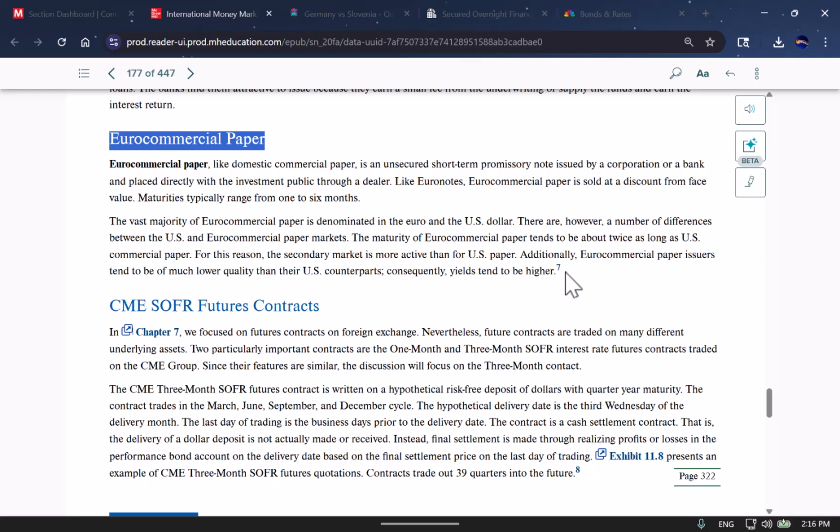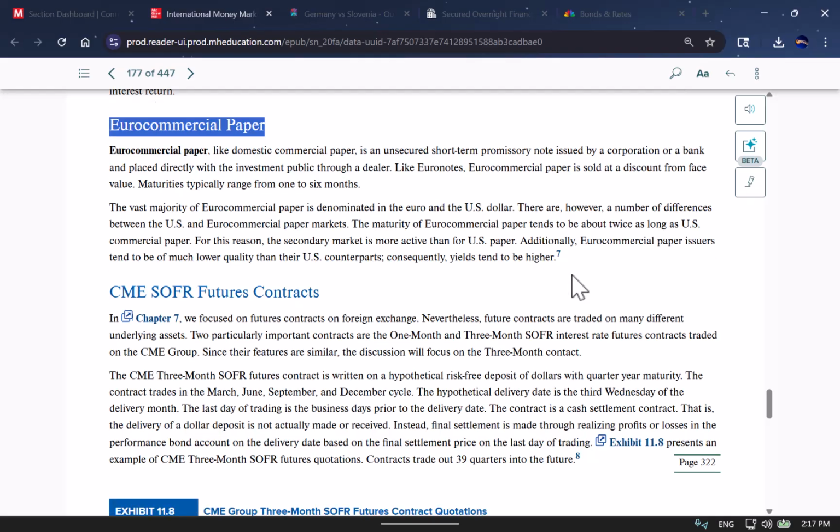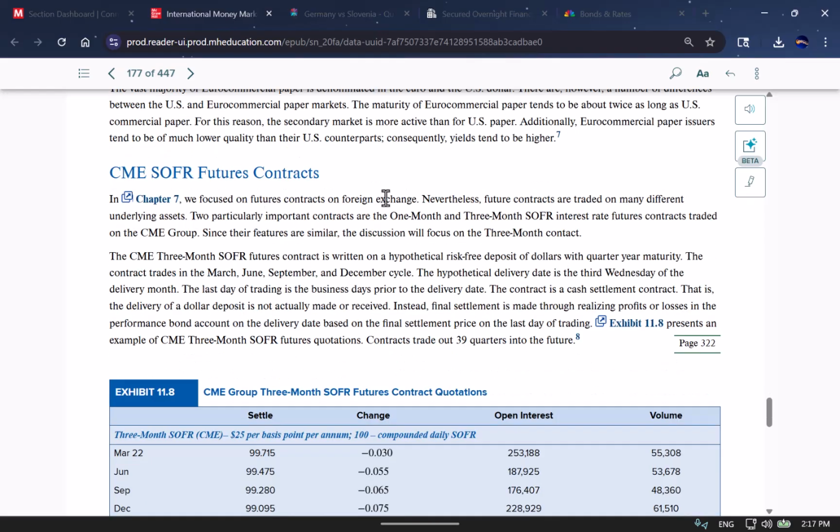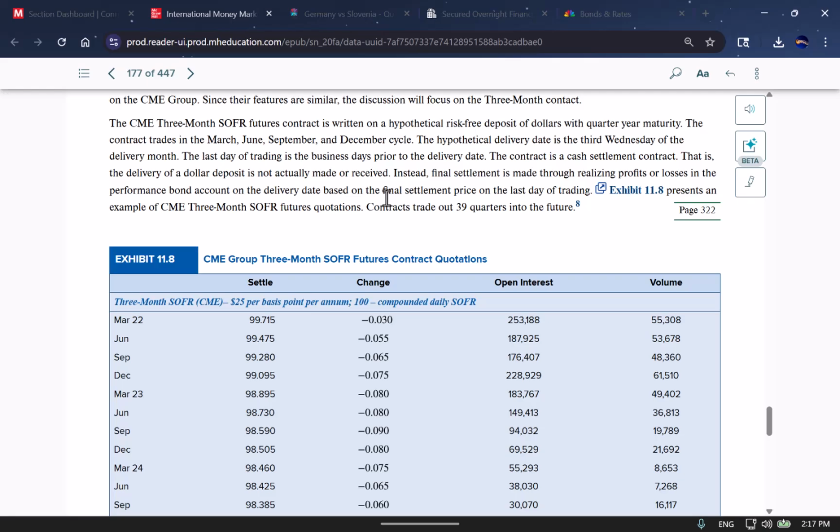Even something like a triple B, which is called the lowest end of the investment grade credit rating, you won't have any problem doing these. I'll come back to these software contracts in chapter 14 because they're somewhat involved.